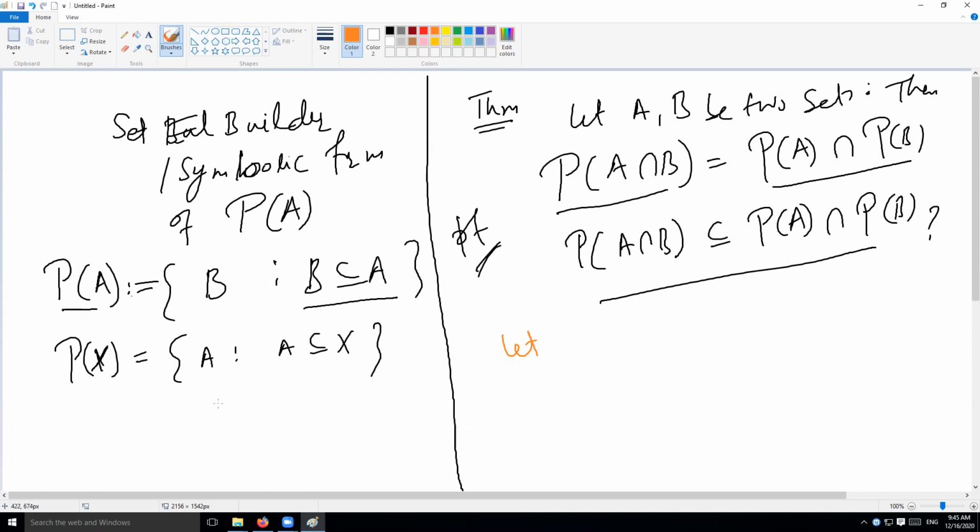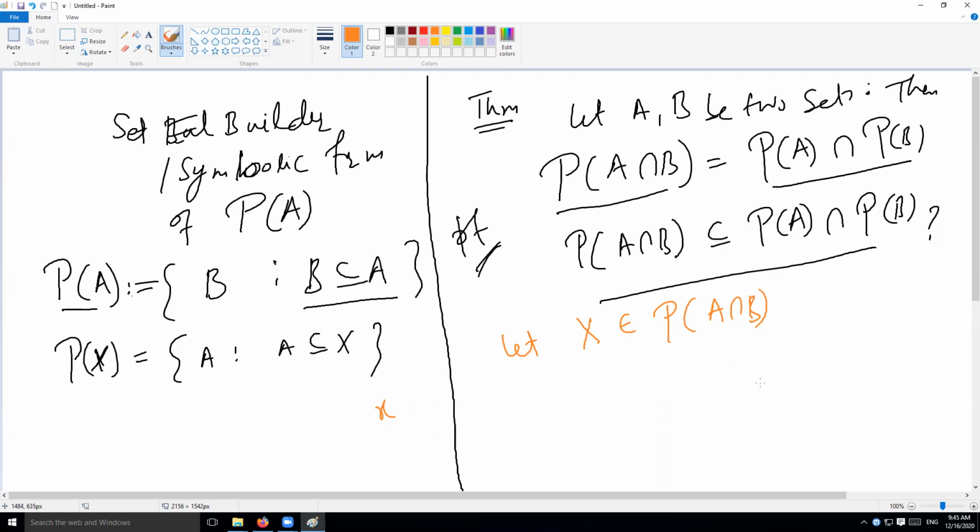I'll not represent the elements of the power set by small x; I'll represent them by capital X. So let capital X belong to the power set of A intersection B.